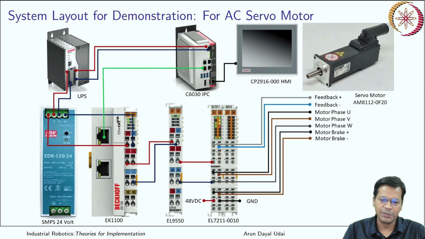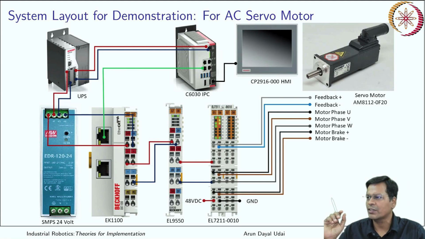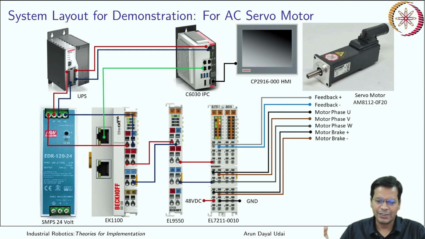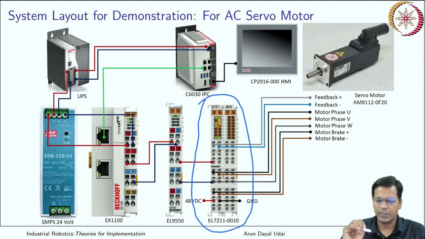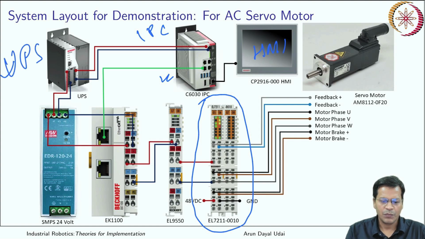Before that, let me just show you the circuit once again. It is exactly the same, apart from this driver which is here. Everything else is the same. So this is your IPC, industrial PC, this is your HMI, this is UPS, this is your power supply, 24 volt, 120 watt.